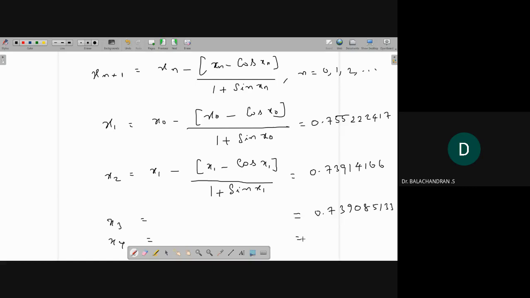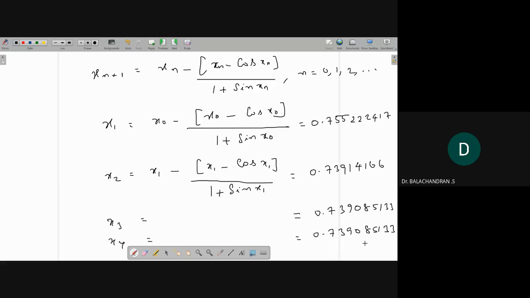Calc, answer, equal to. 0.739085133. You can see here x3 and x4 are exactly the same, and hence you can stop the iteration here.